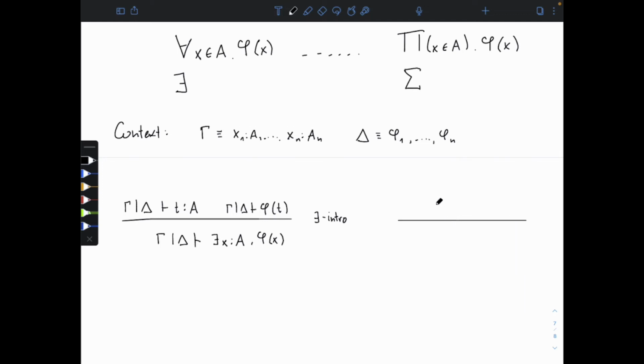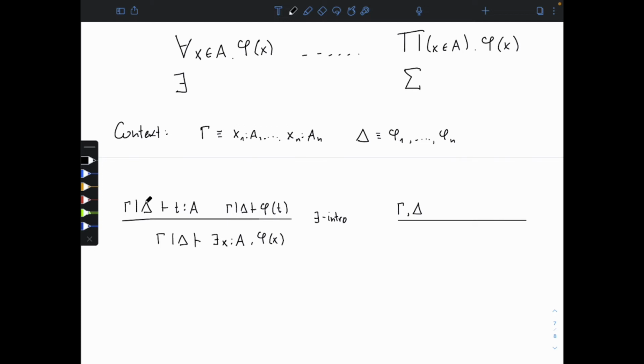Okay, what's the corresponding rule on the other side? The corresponding rule on the other side is going to be the introduction rule for sigma. What is the introduction rule for sigma? But now, first of all, this context, everything becomes the same. Here, we need to distinguish the context of individuals from the context of hypotheses. This is, in fact, a worthy observation.